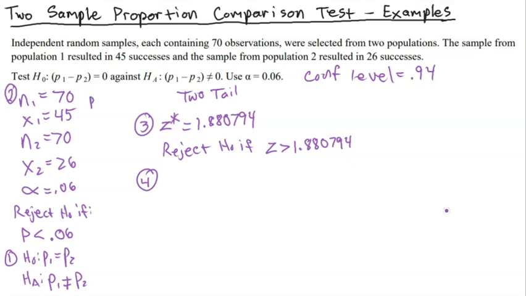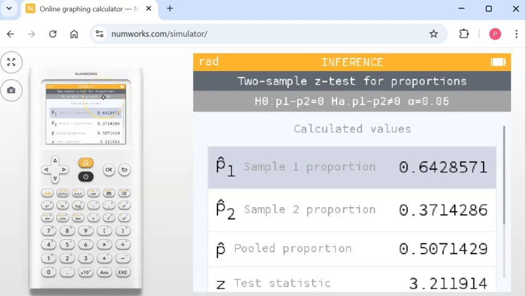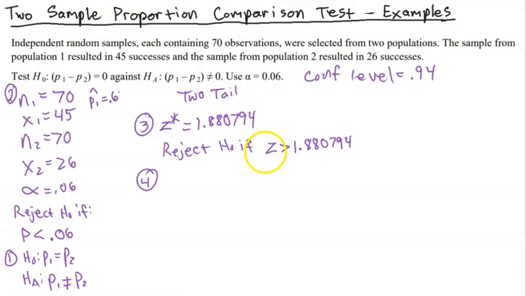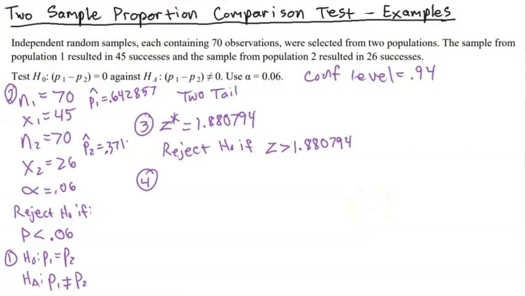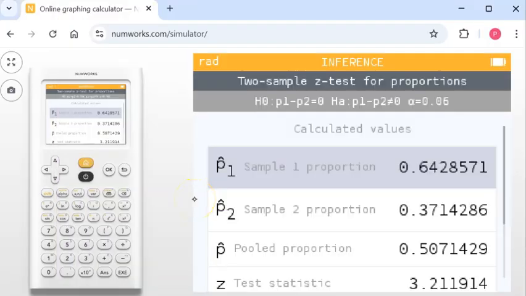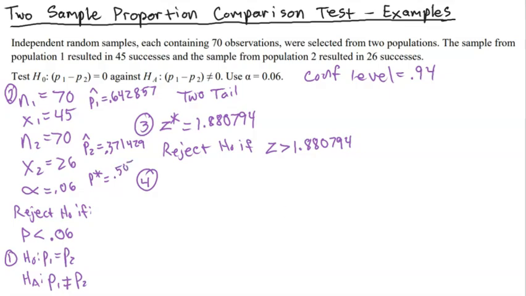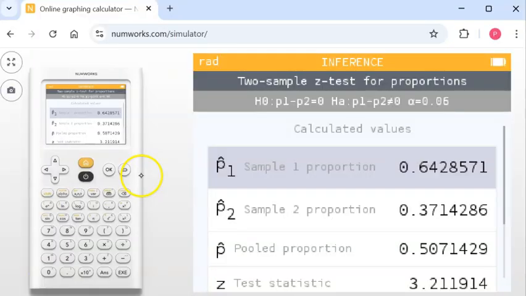P1 hat is 0.642857. P2 hat is 0.371429. And then we can also identify our P star, which is the pooled proportion, 0.507143. Good. All right, so we've got those 3.